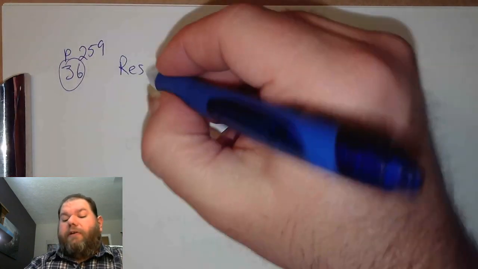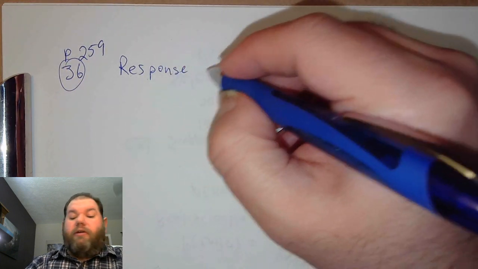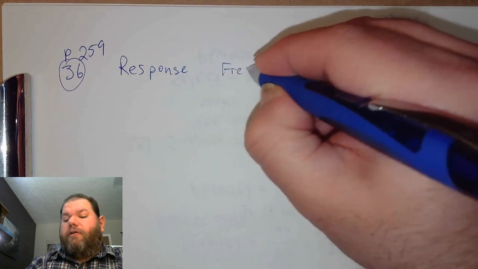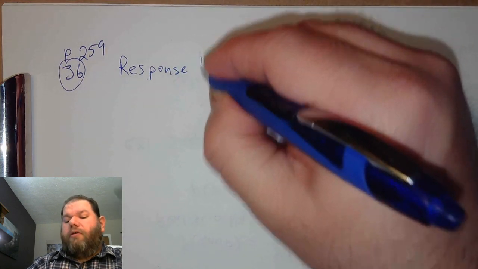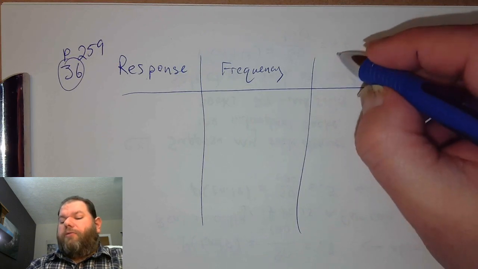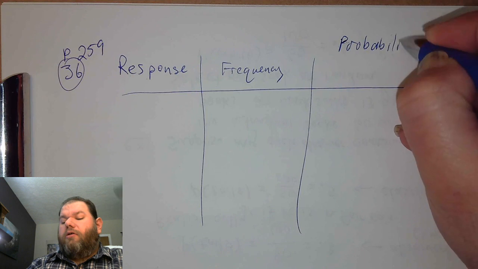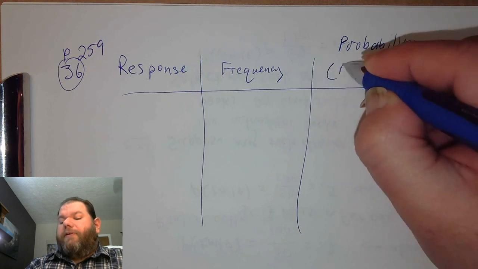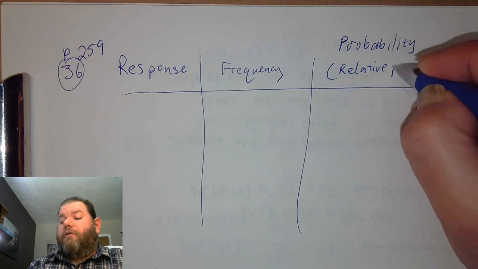This is on page 259, number 36. So we have response, and we have frequency, and we're going to create a third column, which is probability, which turns out to be the same as the relative frequency in these type problems.